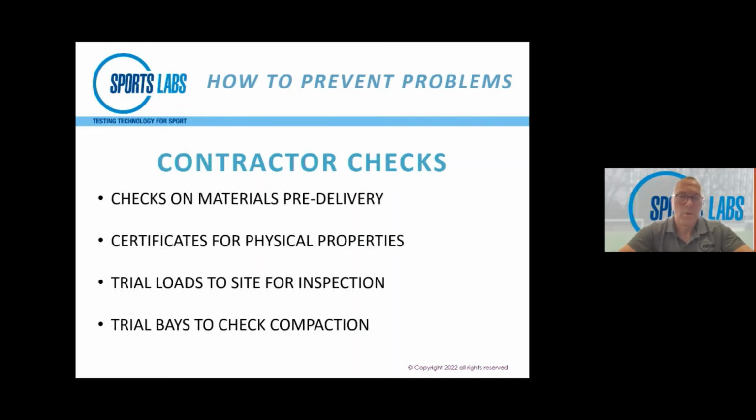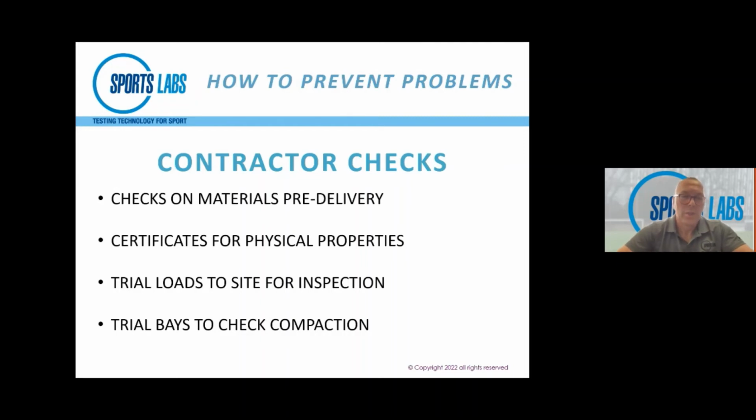And most quarries, if you're looking at crushed stone, will have independent laboratory certificates for their materials. So you should be able to get a batch of data from the quarry to check all these things before you even buy the materials.